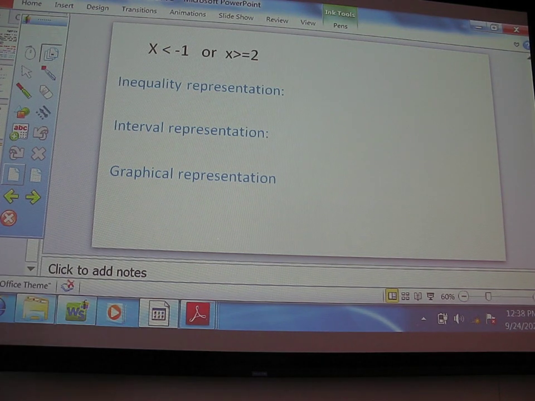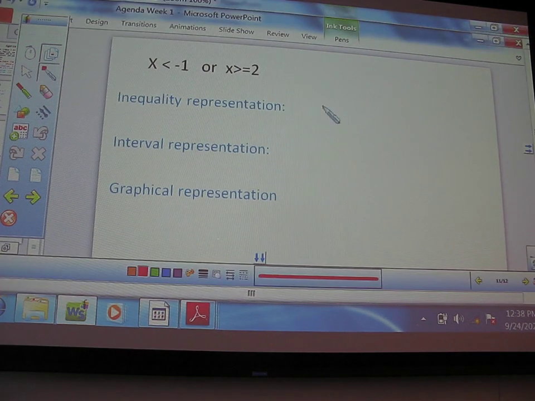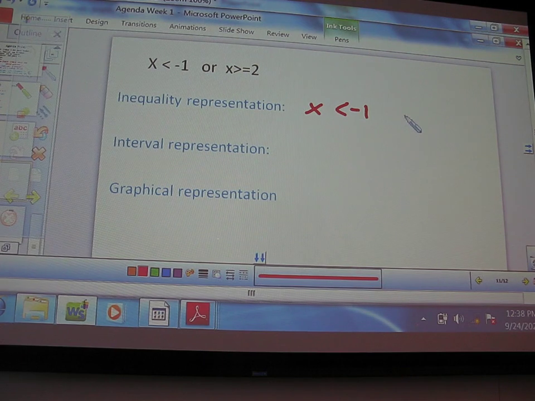So inequality representation would be, how do I write X is less than -1? X is less than -1. That's pretty straightforward. And then you have the word or. This is a symbol for or. Oh, it's not union? It's union, yeah.